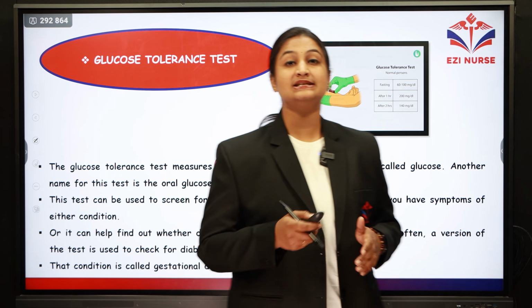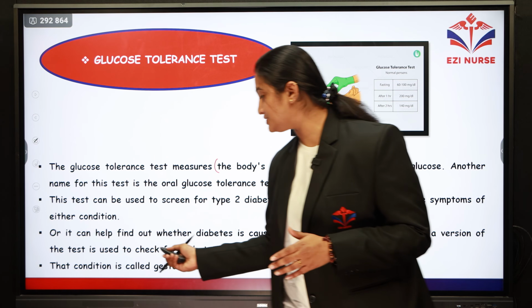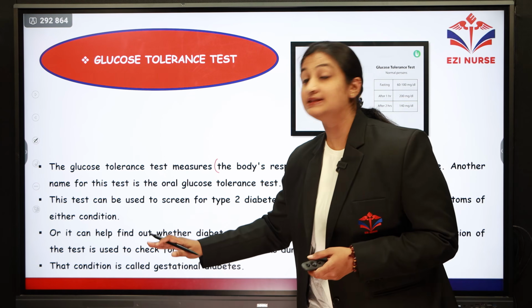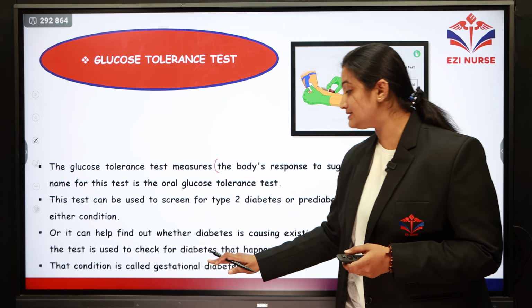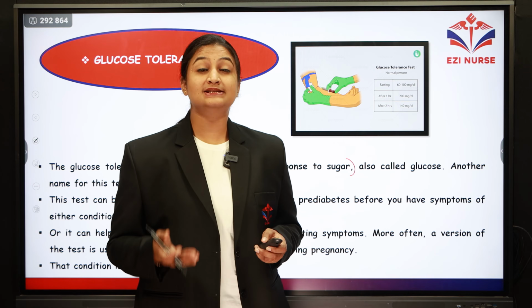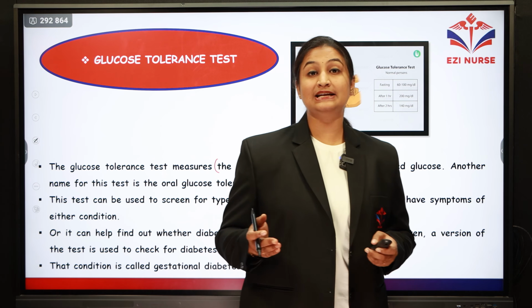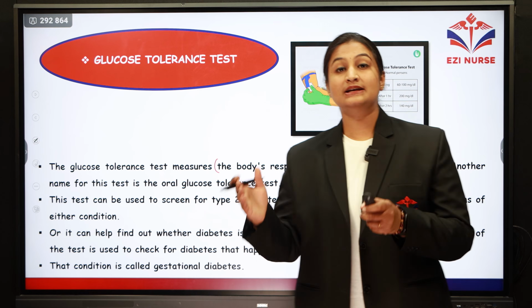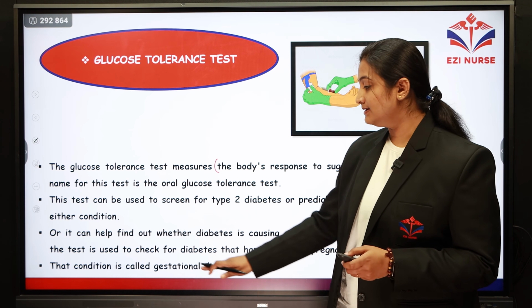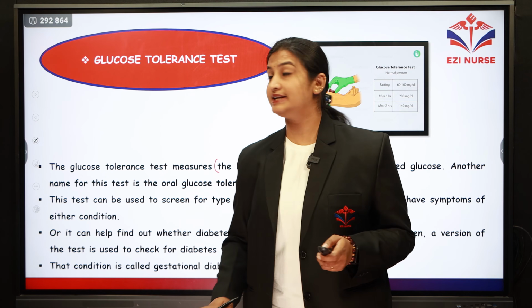More often, the test is used to check for diabetes that happens during pregnancy, and that condition is called gestational diabetes. So during pregnancy, if the sugar level is high for the mother, that is referred to as gestational diabetes. So that is about the glucose tolerance test.